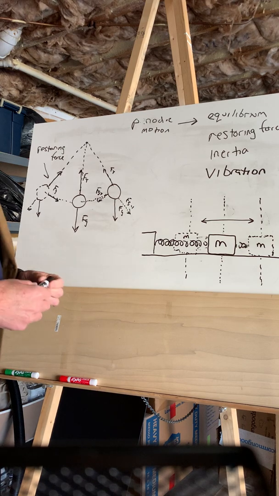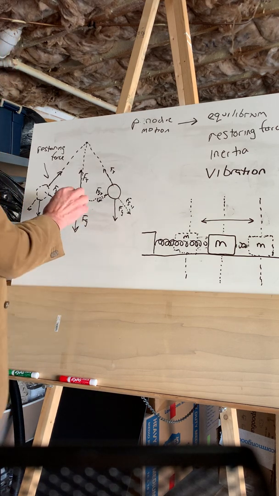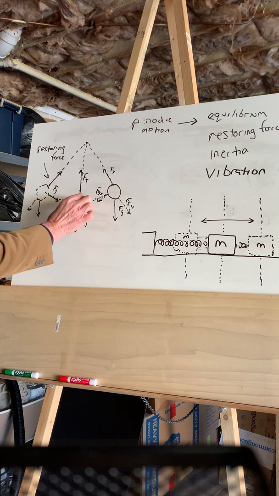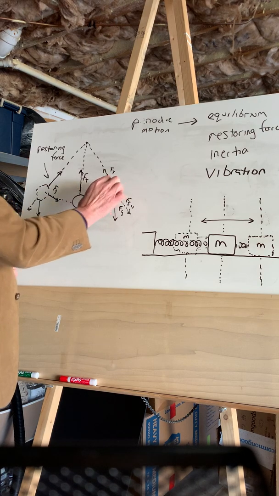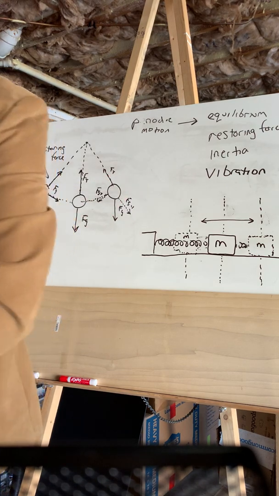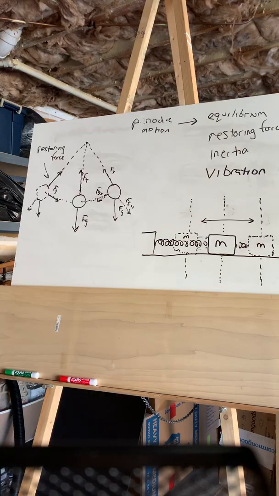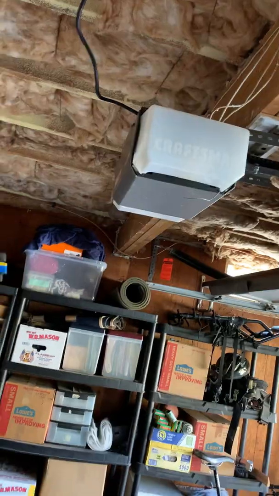And what a pendulum is trading off is, when you take the pendulum and you pull it back like this. Let's go do that. So we've got our pendulum here.